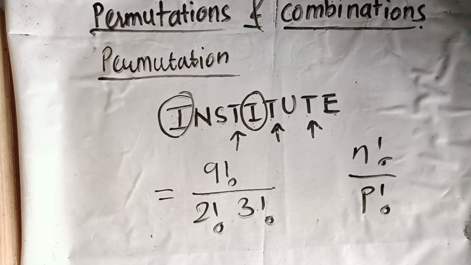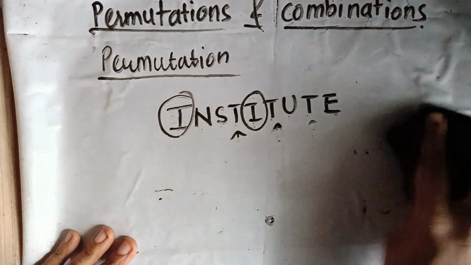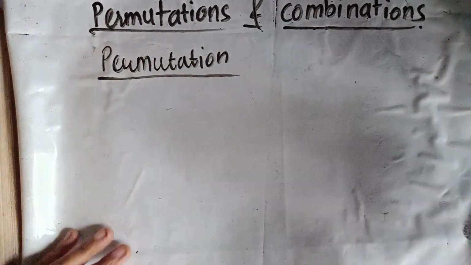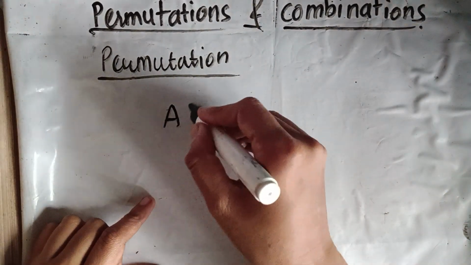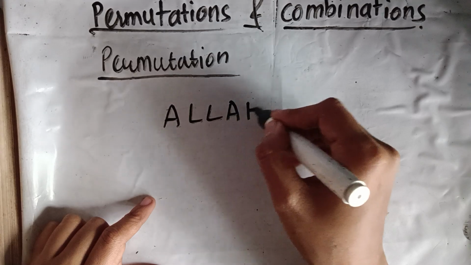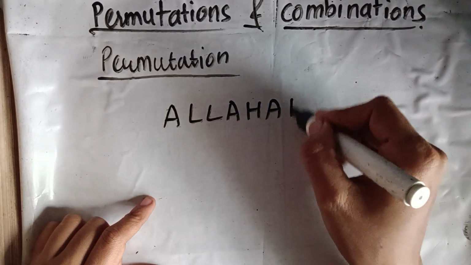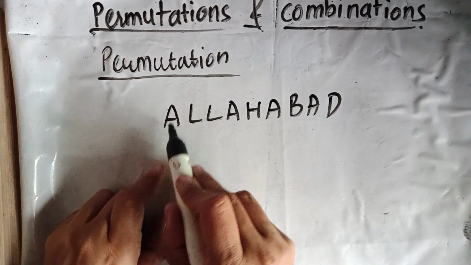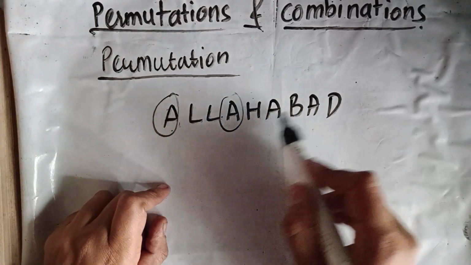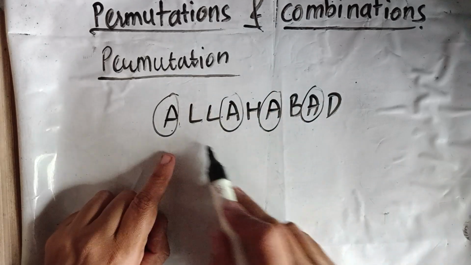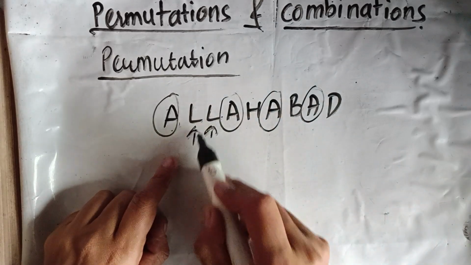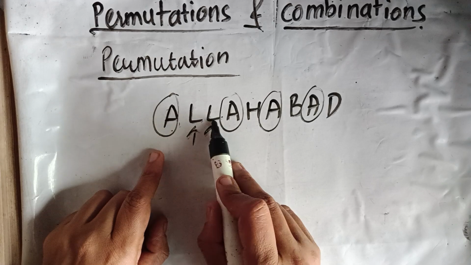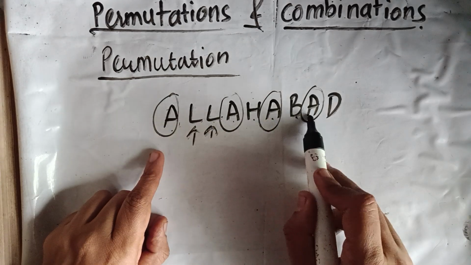One more example. Find the number of permutations of the letters of the word Allahabad. A L L A H A B A D. Now we have to count. A is 4 times, right? And L is 2 times. The total number of letters is 9.